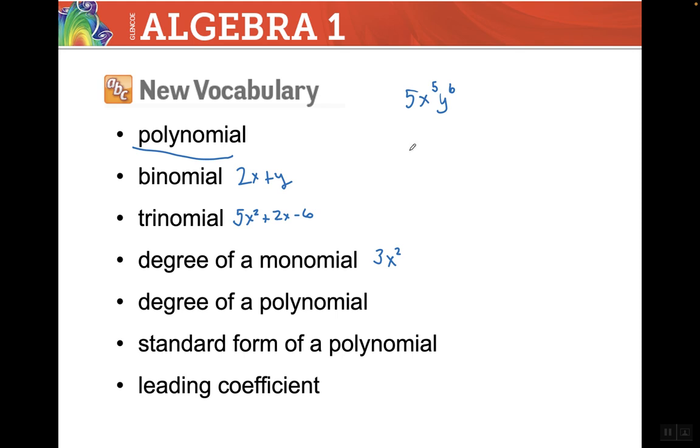If I had negative 2xy to the 2nd, the degree of this is going to be 3 because x is 1, even though you don't see it, and y is 2. And this one has a degree of 2. The degree of a polynomial is you just find the degrees of each monomial, and the highest one is the degree of the whole polynomial, and we'll practice that. And yeah, we'll get into the rest of those as I go through the lesson.